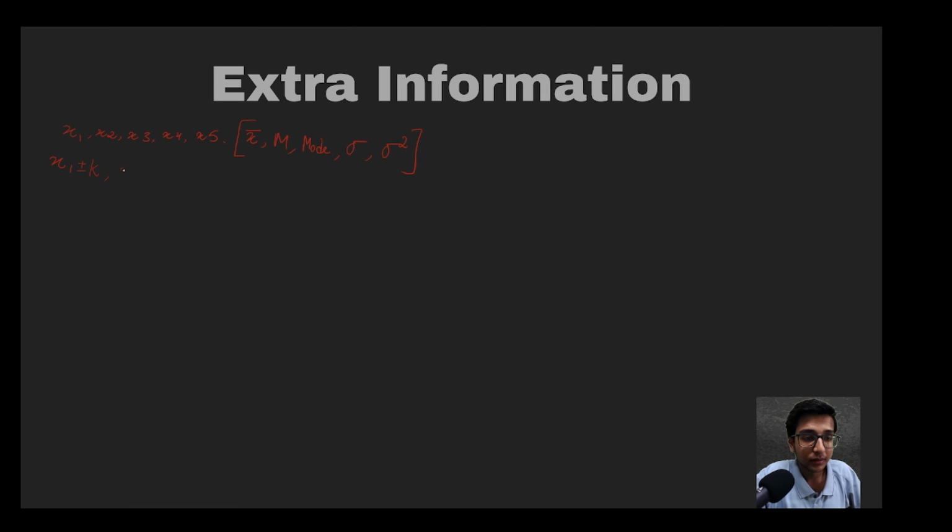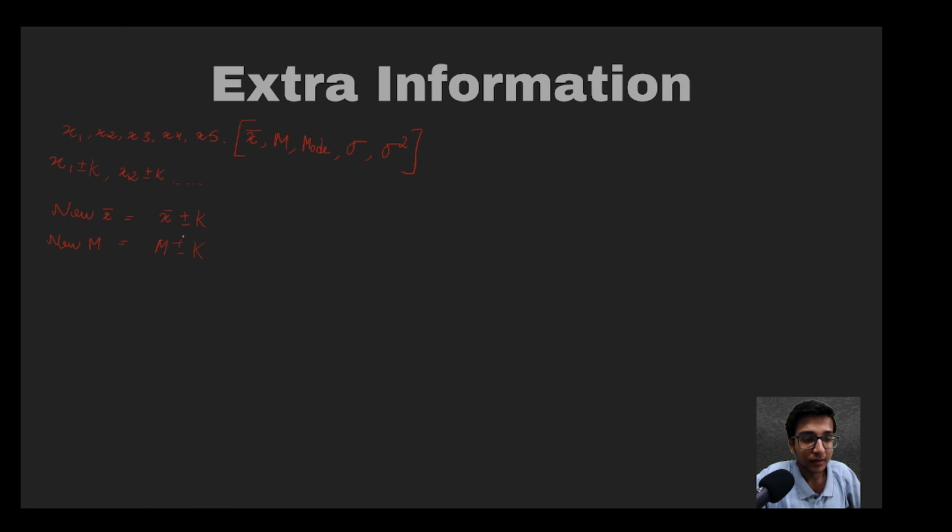My new median would again be the old median plus or minus k. And the new mode is the old mode plus or minus k. This is how the measures of central tendency change if I add or subtract any constant term k to each and every term of the data set.